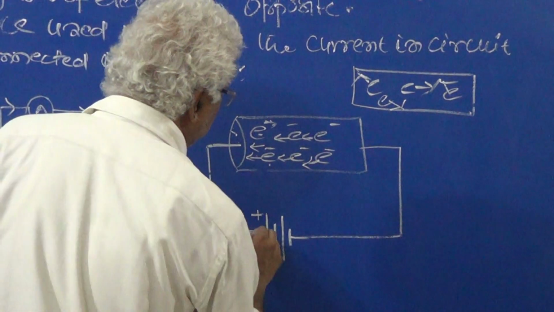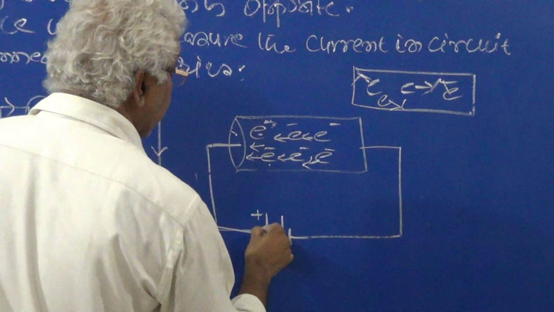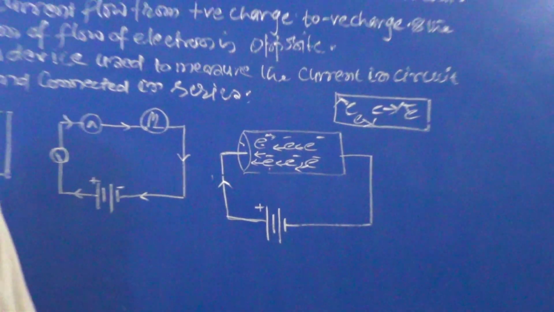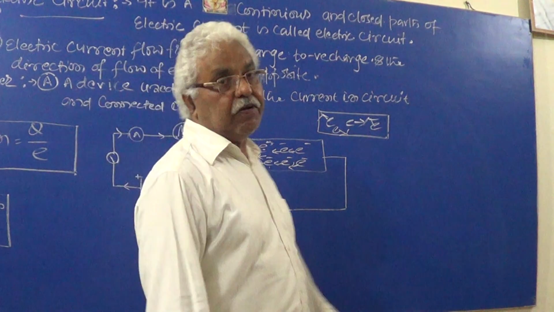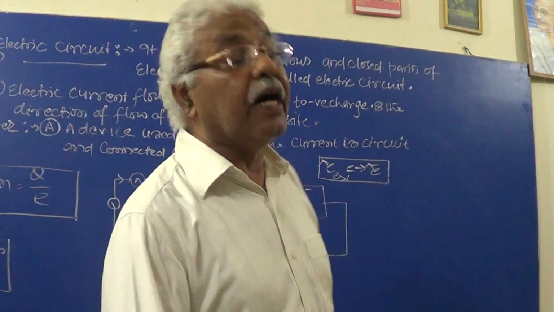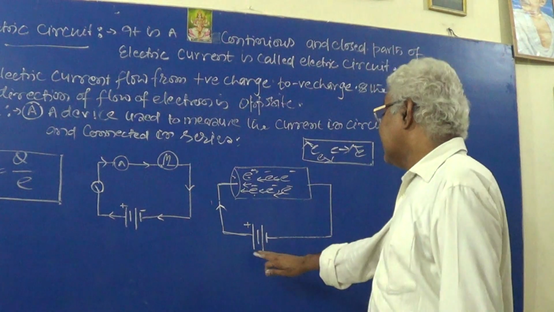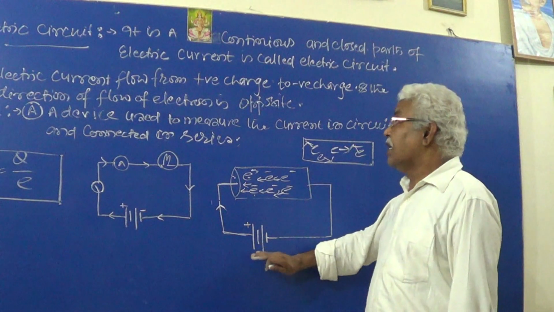Once electrons move toward the plus, the current will be in the opposite direction. So we have applied a potential difference. Here, the cell is doing that.